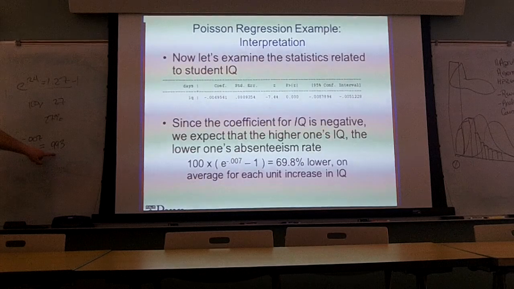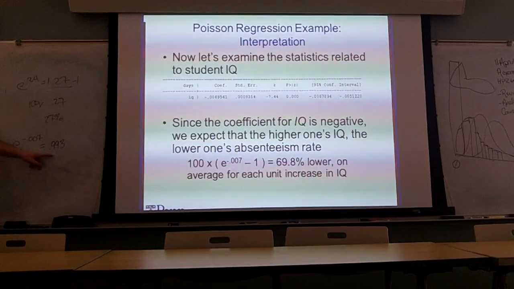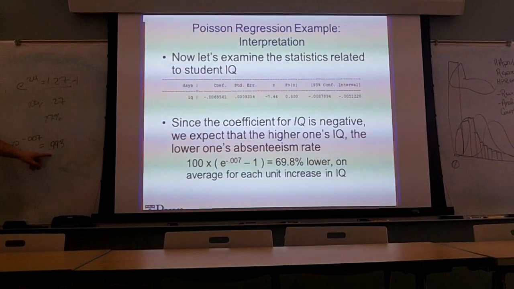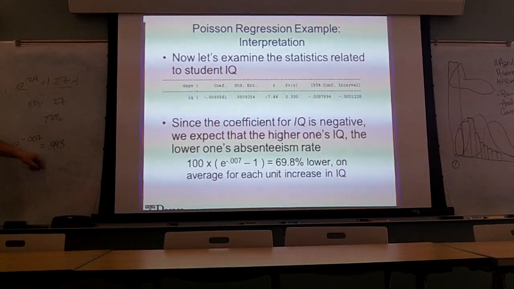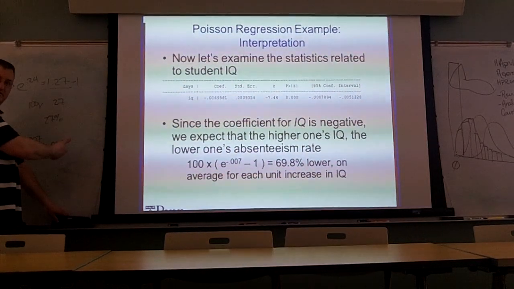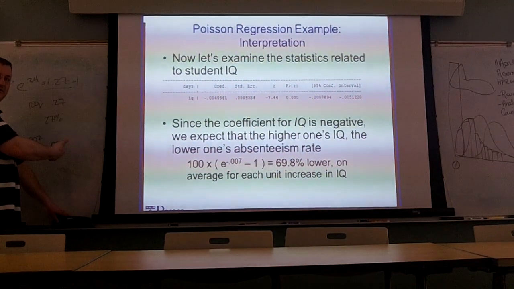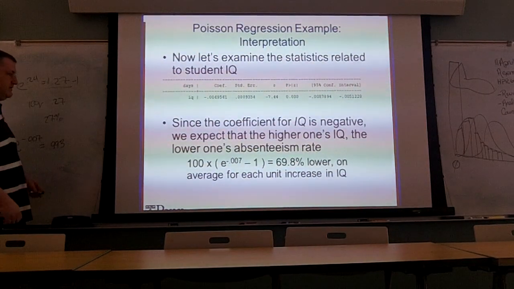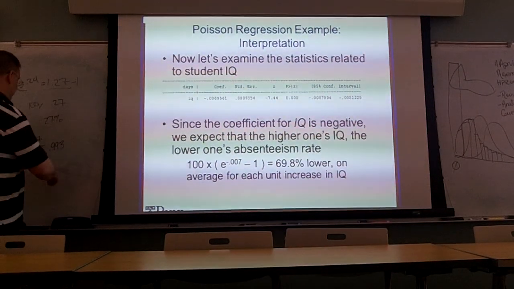Since this is lower than 1, the rate is lower. Then minus 1, it's negative 0.007, roughly negative 0.5 percent. Okay.